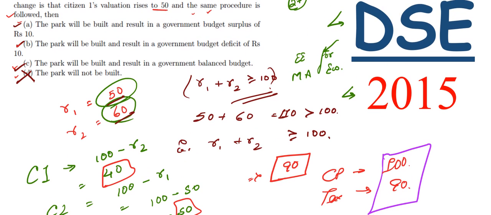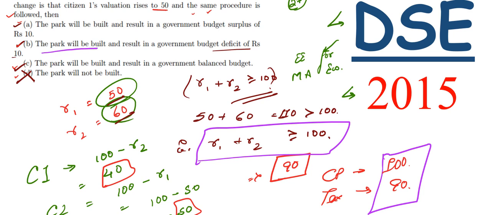Option B says that the park will be built, which was proved here, and that it results in a government budget deficit of rupees 10. The cost of making the park is 100, but the tax the government gets is rupees 90. Hence there will be a budget deficit of rupees 10, and option B is the correct answer to this question.